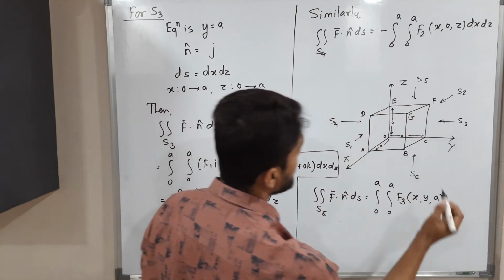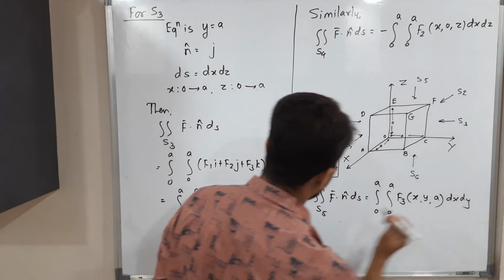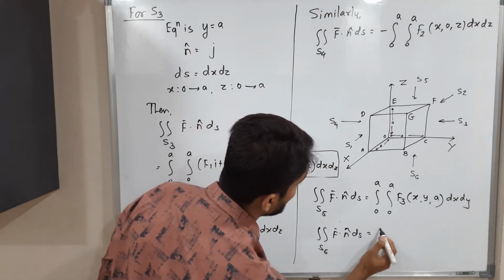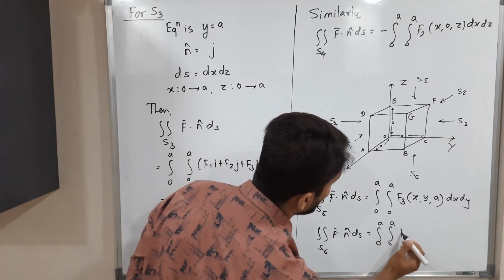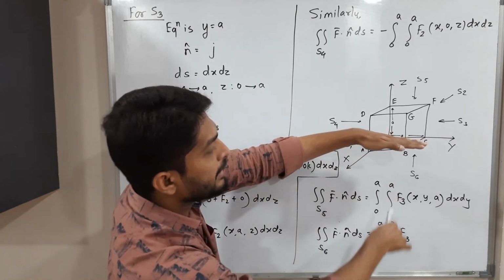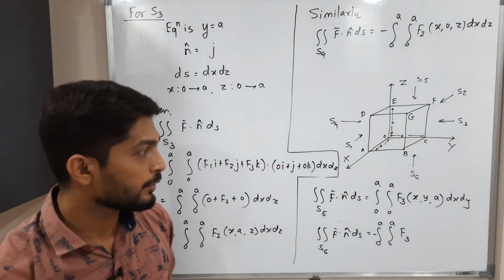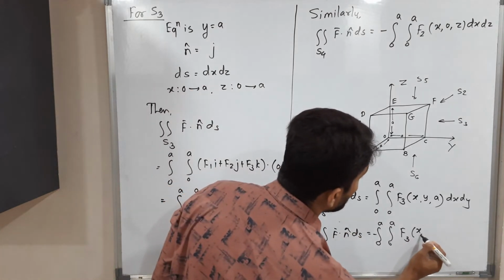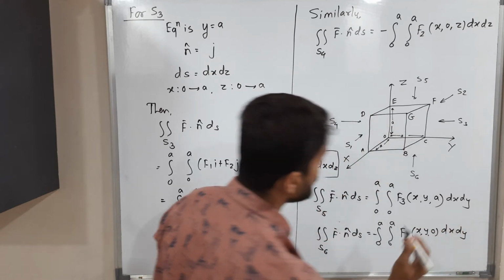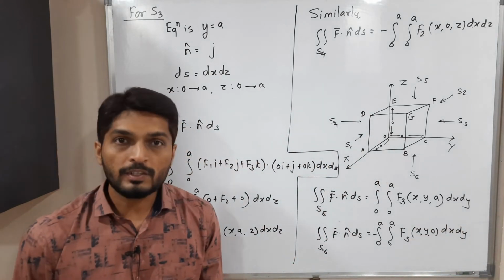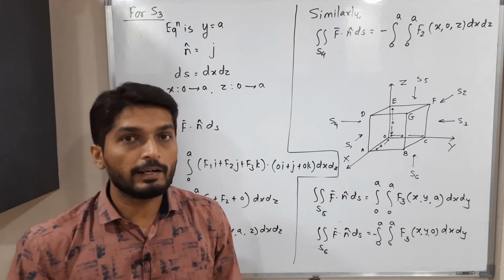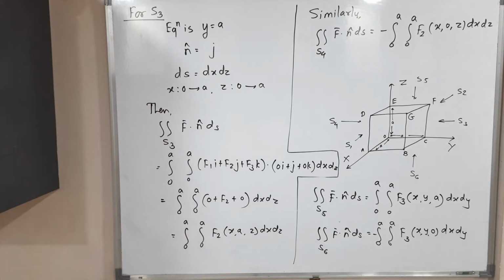Since its equation is z equal to a, I should write dx dy. And for S6, F bar dot n cap dS is equal to the integral from 0 to a, 0 to a. Here we will have a minus sign, since for S6 our normal vector will be in the direction of the negative z axis, and its equation is z equal to 0, so we will have x, y, 0 here, dx dy. So in this way we got the values of surface integrals for all 6 surfaces. Now simply we have to add them to get the value of the required surface integral. So make a screenshot of it, then I will go further.